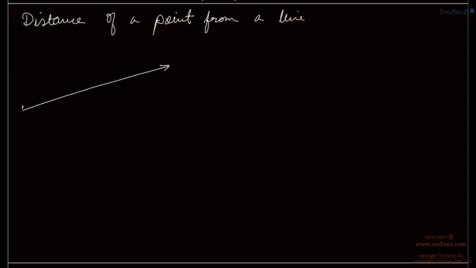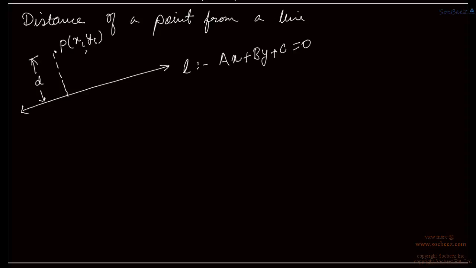Say this is a line L whose equation is ax plus by plus c is equal to 0, and this is a point, say P, x1 y1. Okay, and we have to find the distance between this point P and this line L. So let us denote this distance by d.